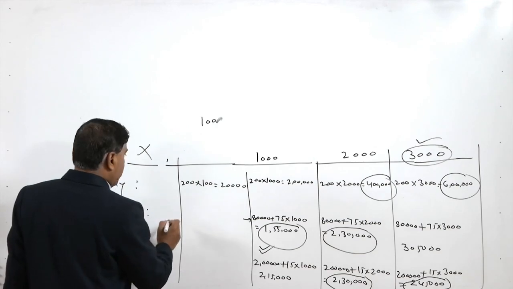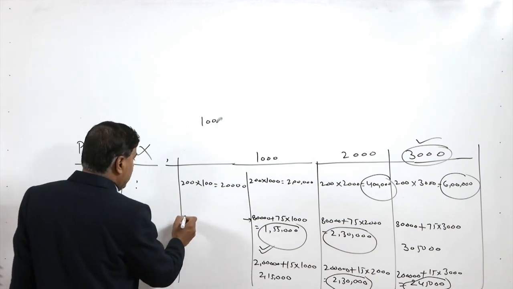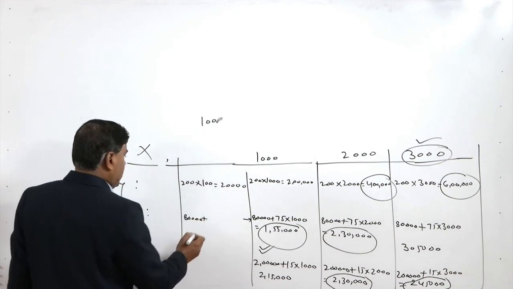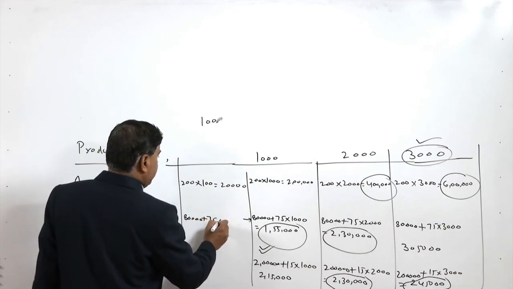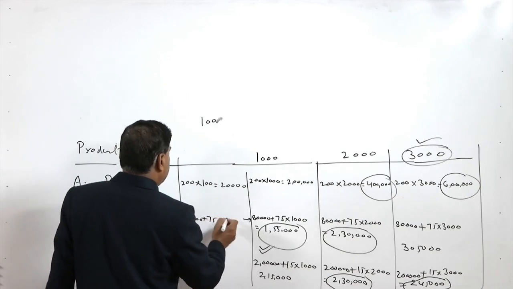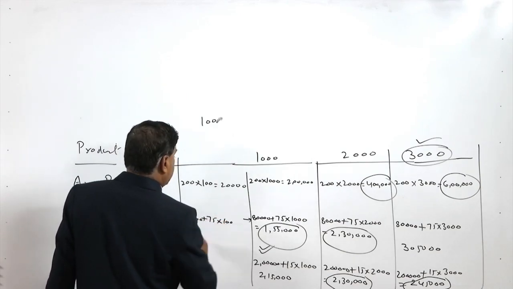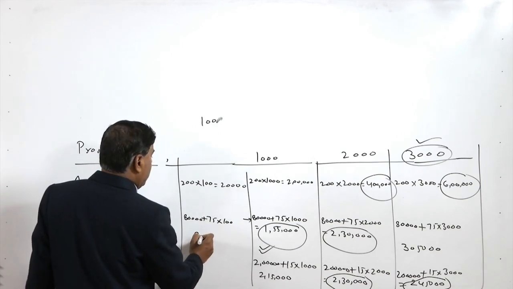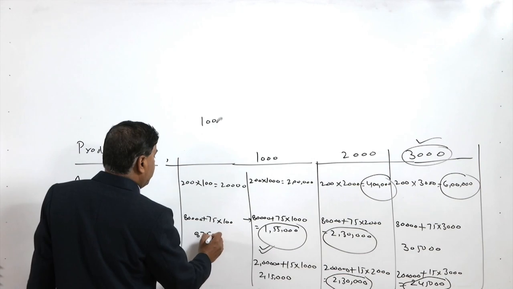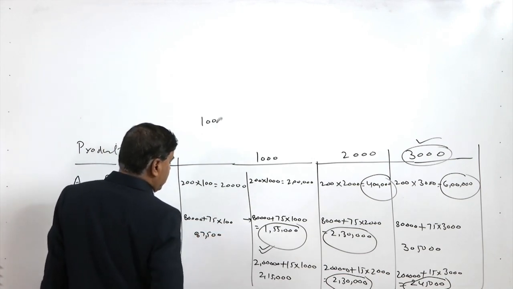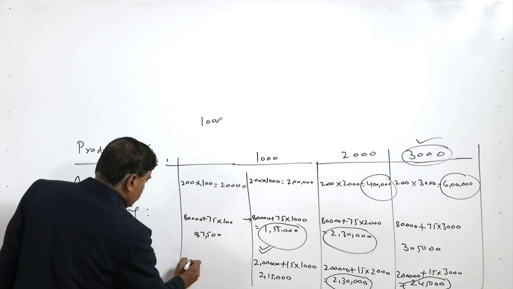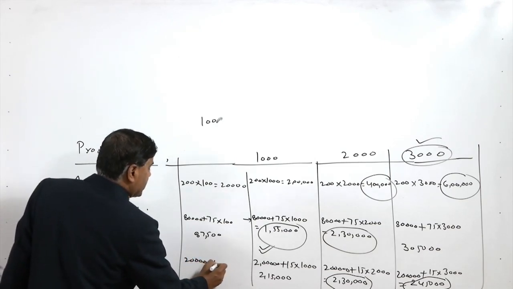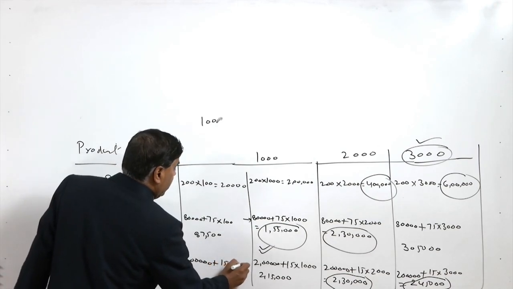For option B, milling, it is 80,000 plus 75 multiplied by 100, so 87,500. And for the third option, 2 lakhs plus 15 into 100.